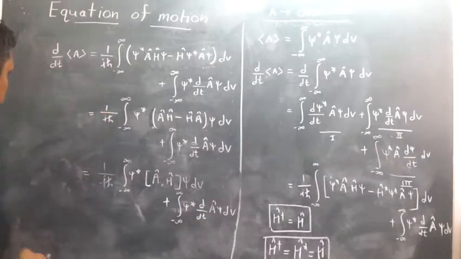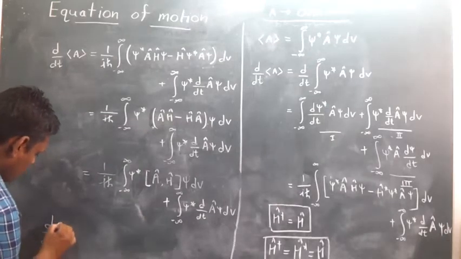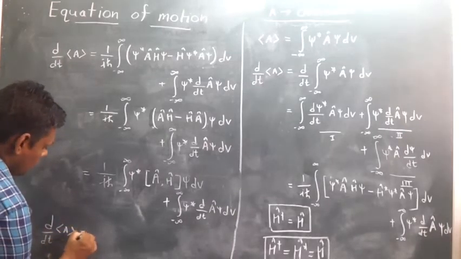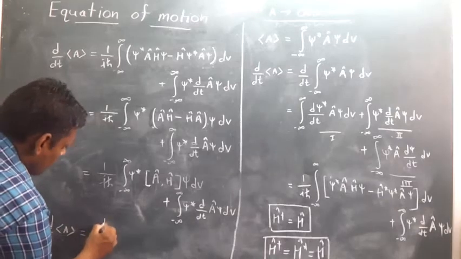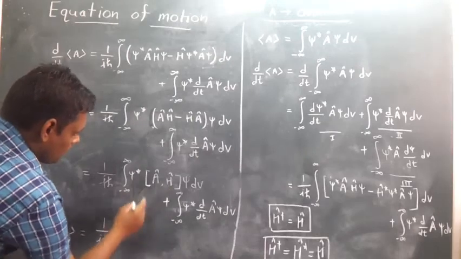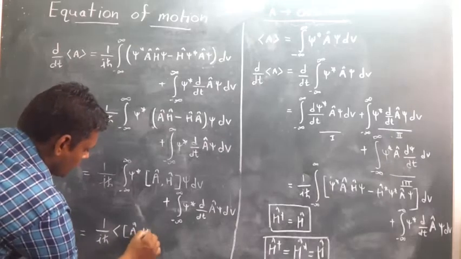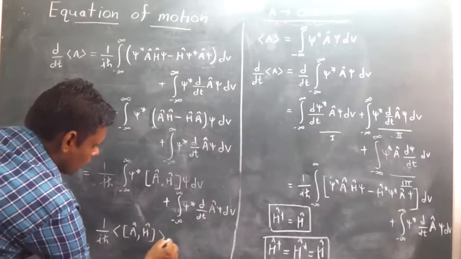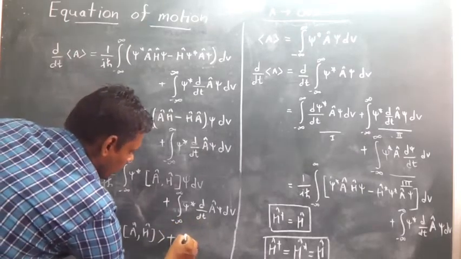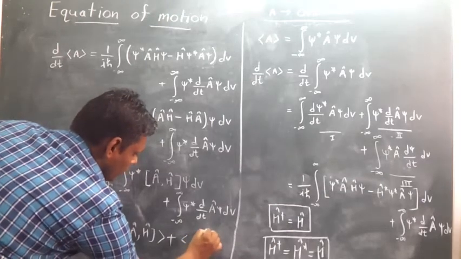It becomes d upon dt of the expectation of A cap equals 1 upon i h cross times the expectation of the commutator of A and H, plus the expectation of d upon dt of A cap.